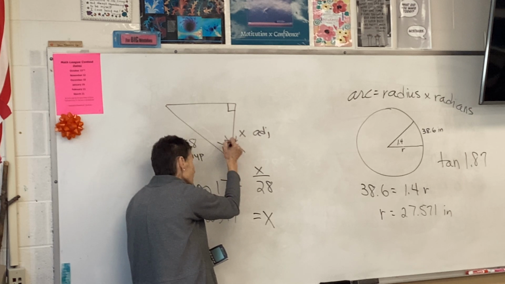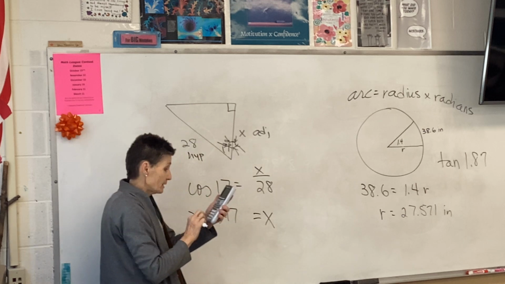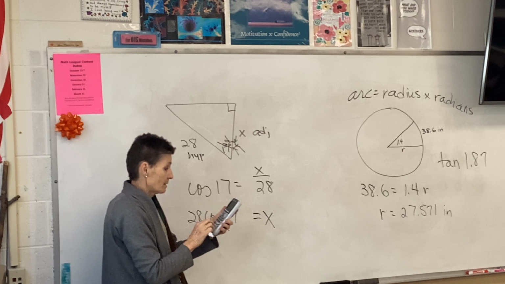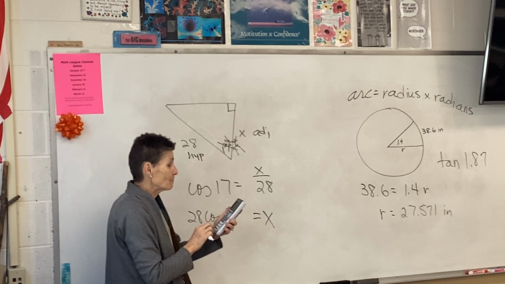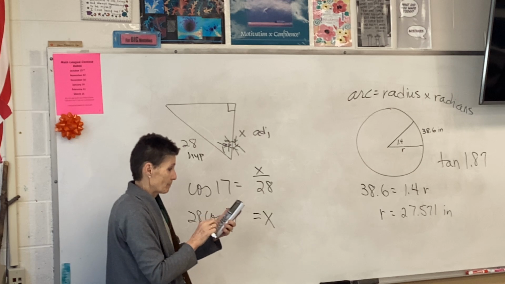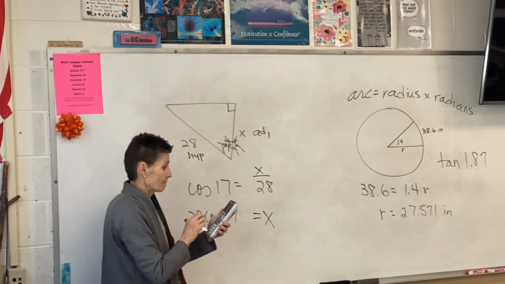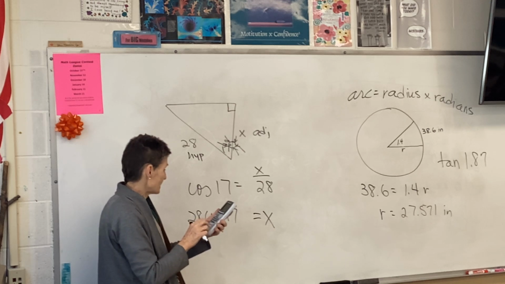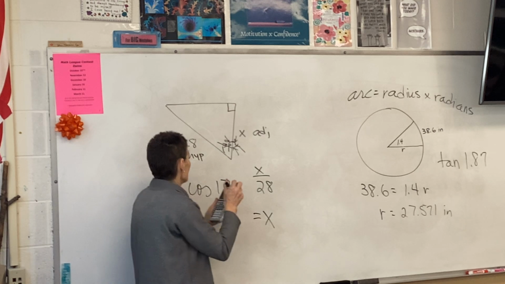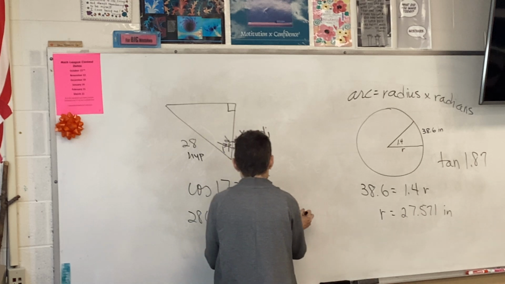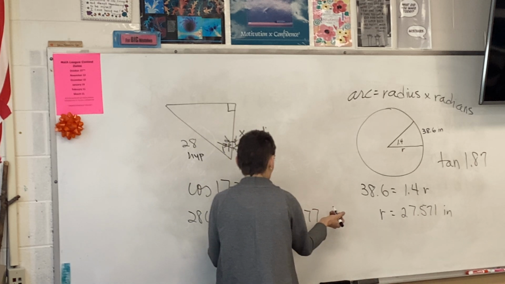What is that? A degree mark. So your calculator has to be set in degrees. I hope not, but it's easy to do. All right, so 28 cosine 17 equals, nearest 1,000, 26.777.